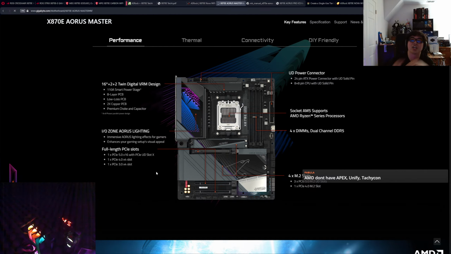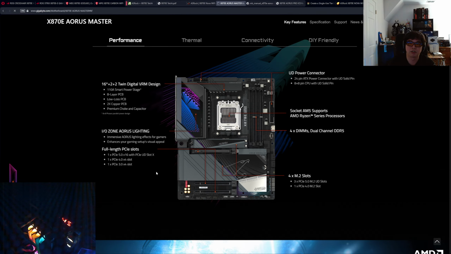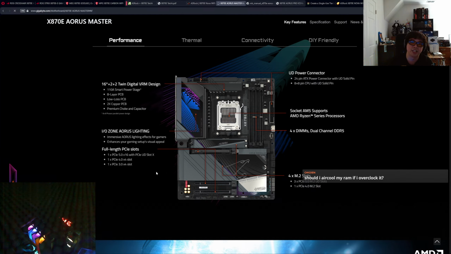It doesn't matter what brand or model, if the Z790 motherboard offered a Gen 5 SSD slot, they were pulling that off of the GPU lanes to give you that feature.